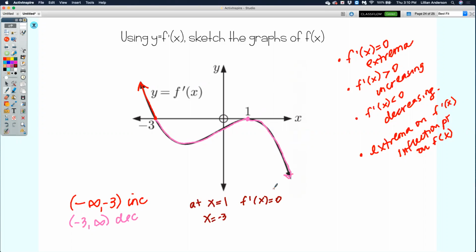At -3, it went from being positive to negative, which means that we're going to have a maximum on our original function, because positive to negative means there's going to be a maximum. But at 1, the first derivative was equal to 0, but we didn't change from positive to negative or negative to positive. So what do you think is happening on the original function at 1?